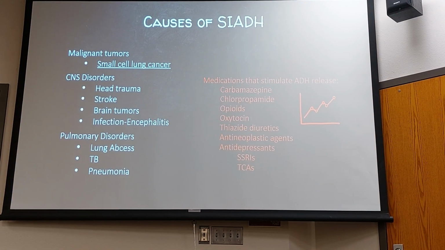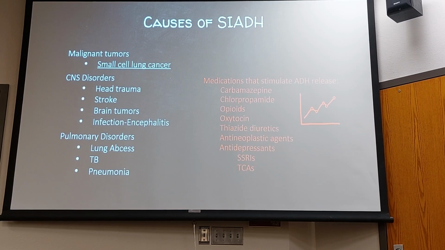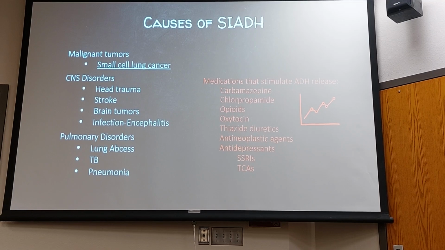So what's causing it? Typically, small cell lung cancer. This is sometimes a sign that's seen and how they know to look for small cell lung cancer, because the lungs can create a hormone that's very similar to an antidiuretic hormone and cause an increase.